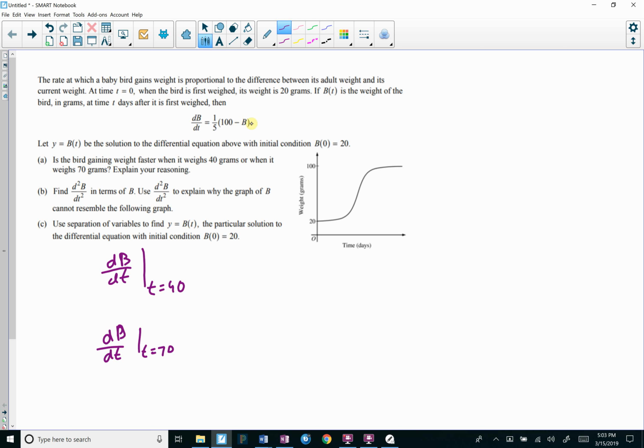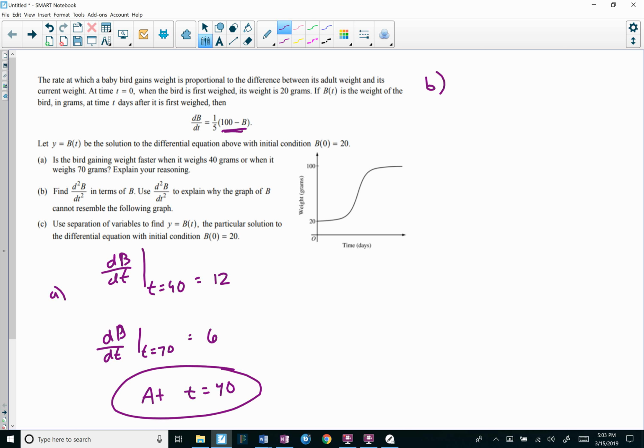We know dB/dt, so I just plug it in and I get 12, right? 60 times 1/5. Plug in 70, I get 30 times 1/5, which is 6. So my answer is at 40. It's a bigger answer, right? Bigger derivative, growing faster. That's part A.